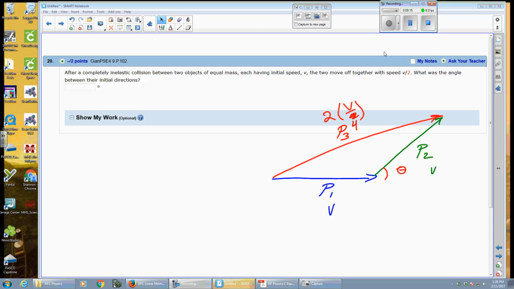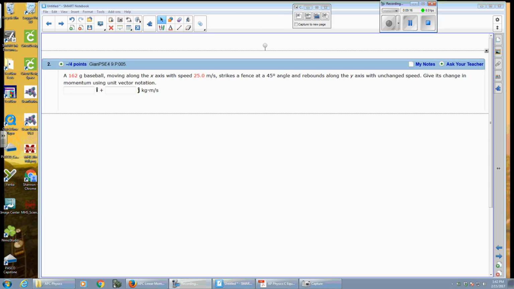All right, so number 2. I'm going to sketch myself a little axis here. A baseball is moving along the x-axis, so it's moving this way.